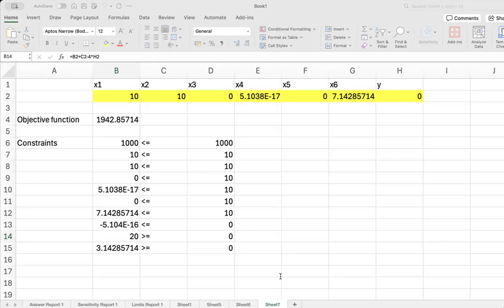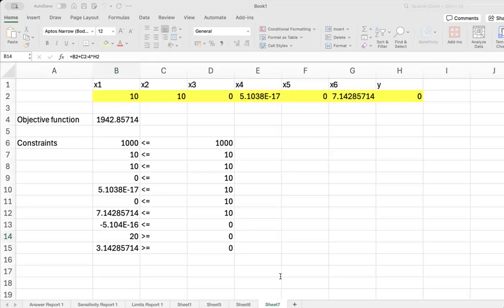Okay. Yeah, Ajahn, I got the same. So all the constraints are satisfied. But the objective function I got here is not correct because x6 must be 7.